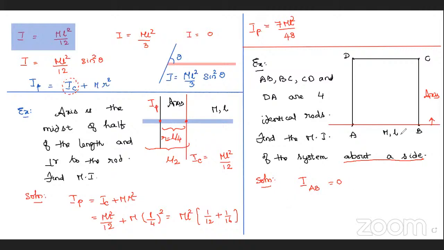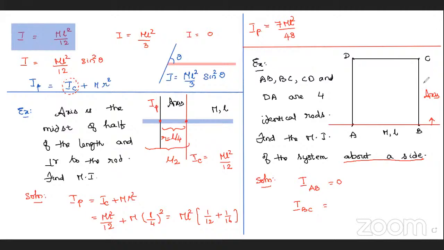I_AB equals 0. Will anybody say I_BC? This one, this rod. Correct. The same axis has appeared to be theta 90, or else passing through one end. Simple. Not ML square. This BC I'm asking.